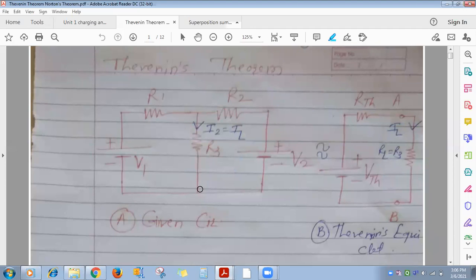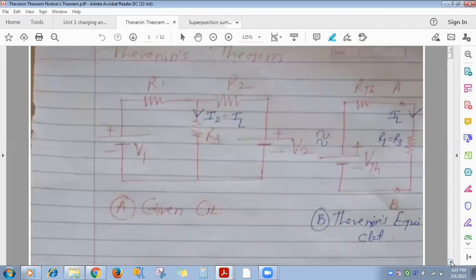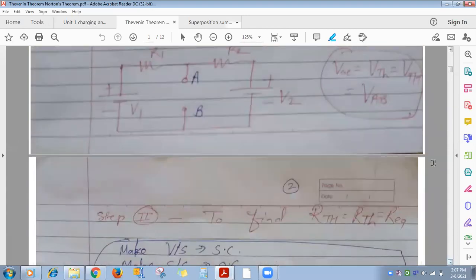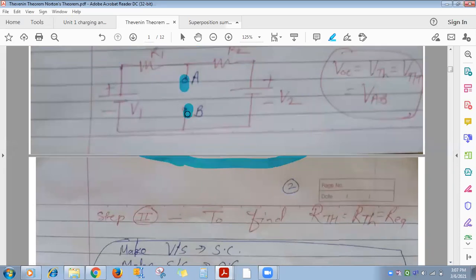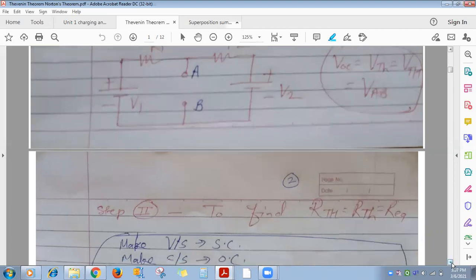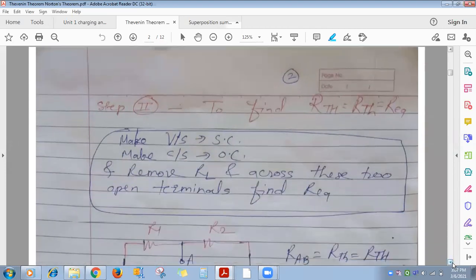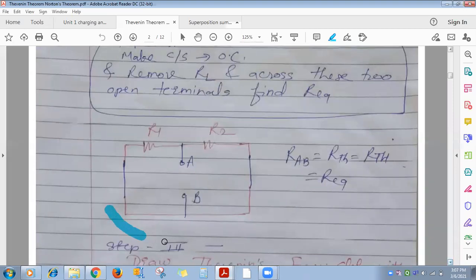So again I'll repeat Thevenin's theorem. What it says, first step, to find out Thevenin's equivalent voltage: remove load resistance and draw entire circuit as it is. That is step 1. Then across these two open terminals, find out the voltage, and that is Thevenin's equivalent voltage. Step 2. Make voltage sources short, make current sources open, remove load resistance and draw the circuit.